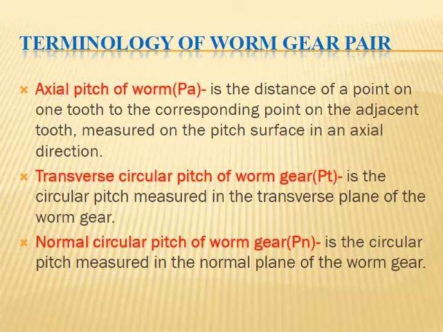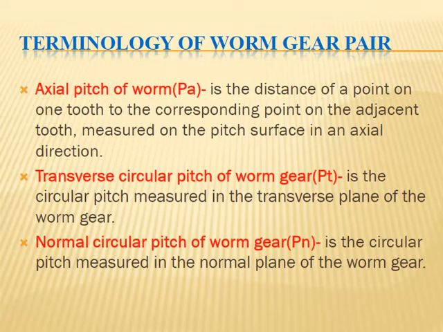Here m is the transverse module in mm, dg is the pitch circle diameter of the worm gear, and zg is the number of teeth present on the worm gear.